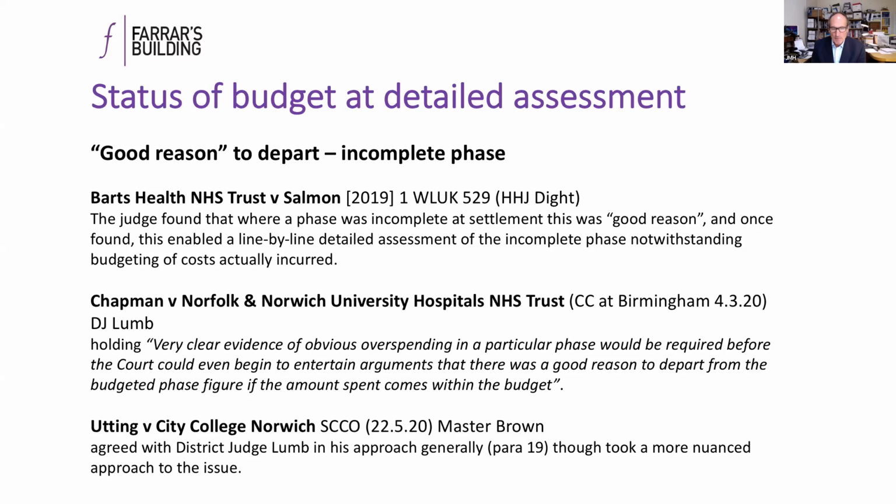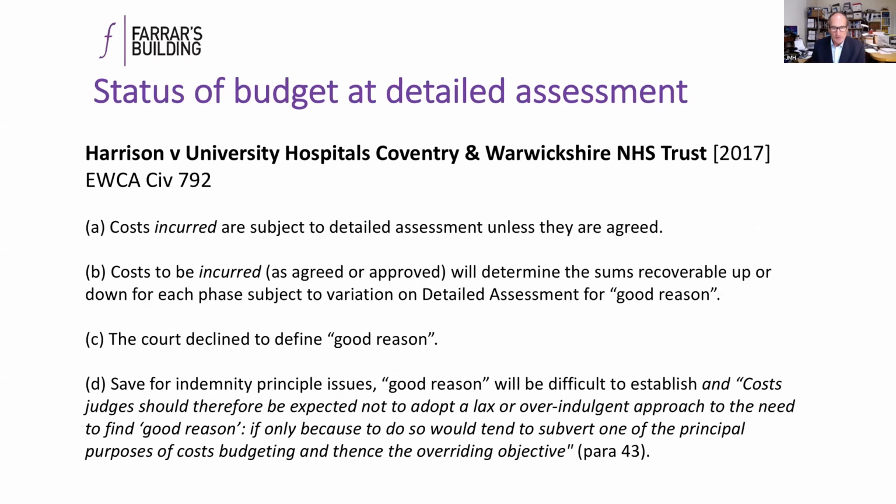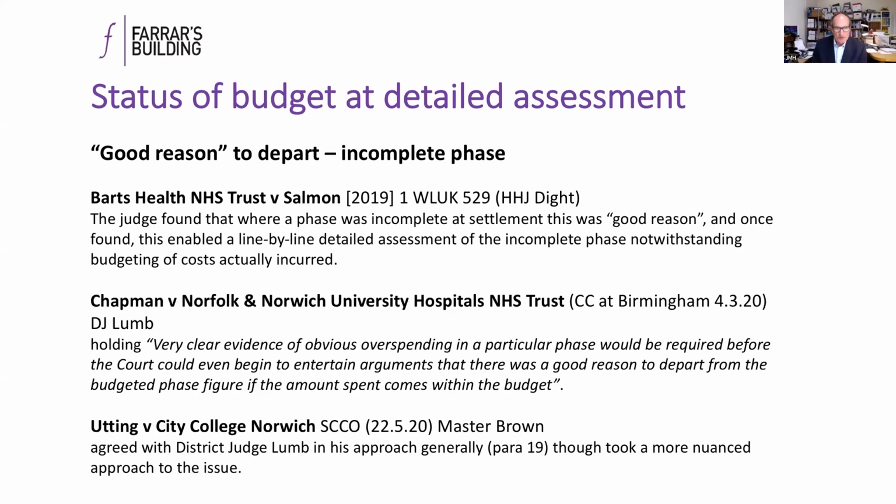And Master Brown had a bit of a rethink then, considering he was wingman in Barts, and then agreed with District Judge Lumb, although with a little bit more nuance perhaps, because he'd somewhat compromised his position because of what had happened previously. So just going back to where we were before and going back to Harrison, it's the adopt a lax or an overindulgent approach. So where does that take us then?